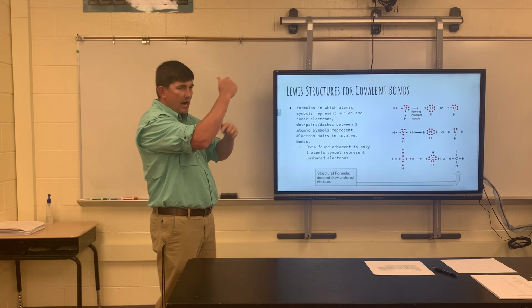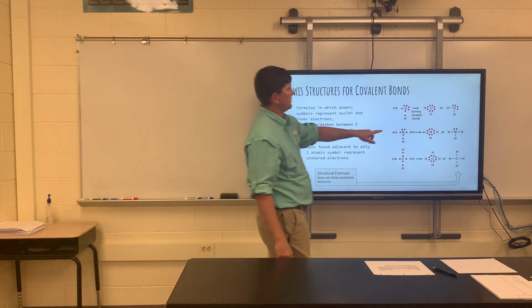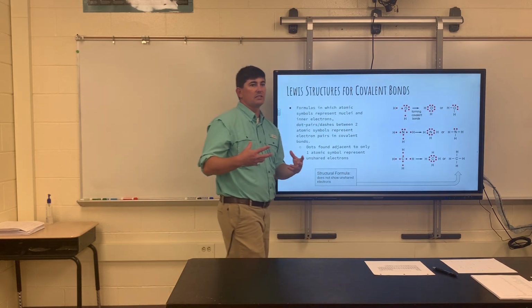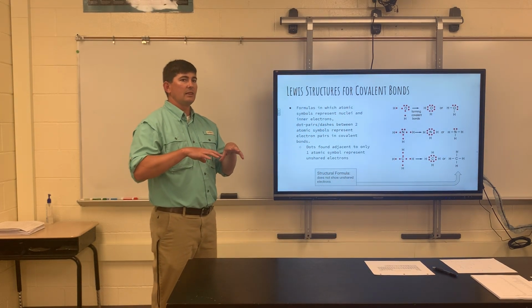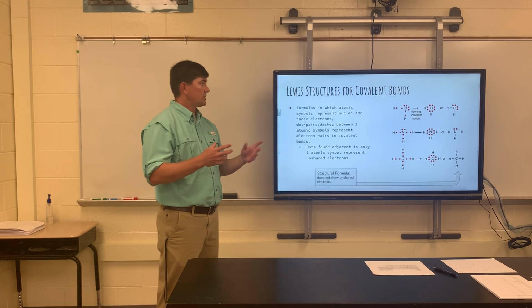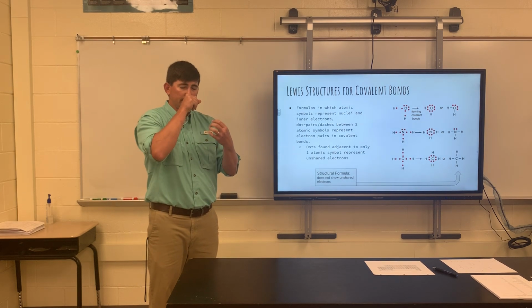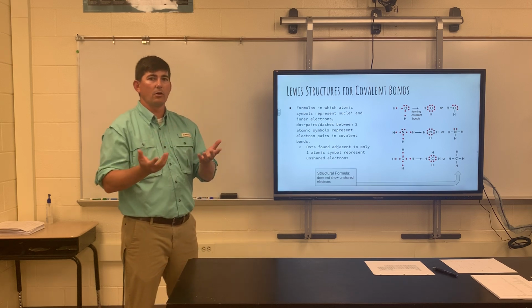And then these dots and these dashes represent the electrons that are in that outer shell. The dashes would be the ones that are bonded together, involved in the covalent bonds.